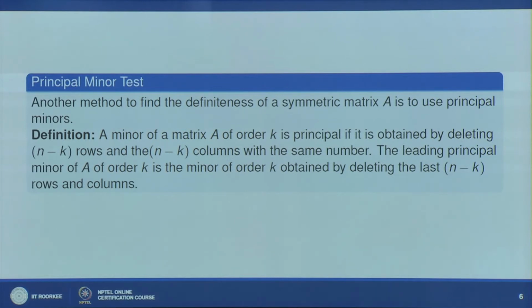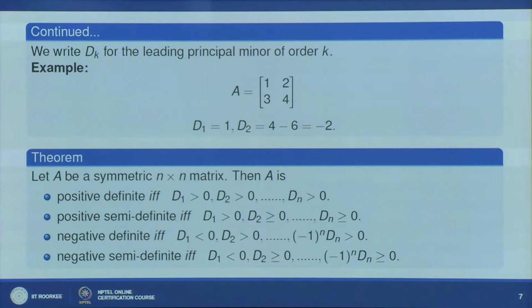The determinant of that matrix is called the principal minor. The leading principal minor of A of order k is the minor of order k obtained by deleting the last n minus k rows and columns. We will understand this by an example.